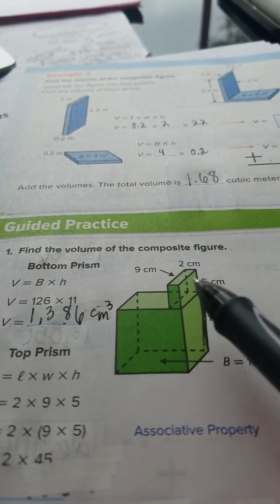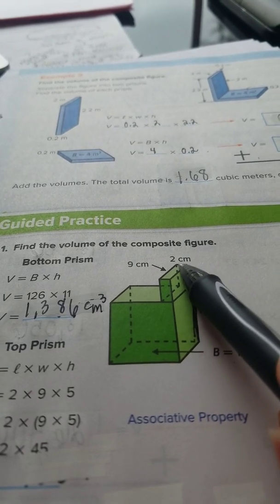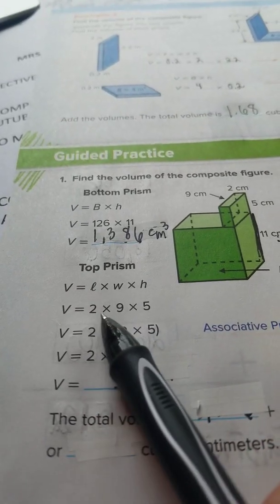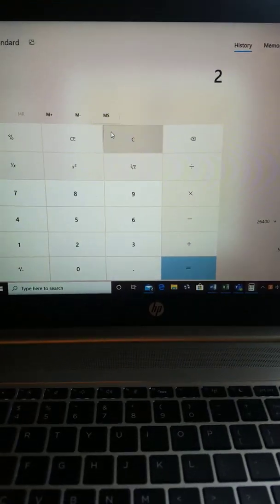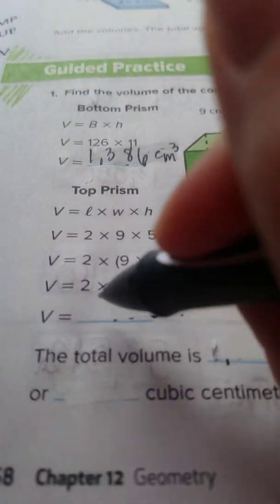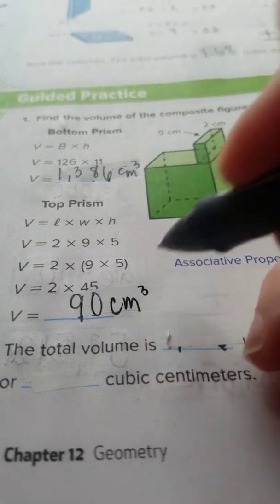The smaller one is 9 centimeters long, 2 centimeters wide, 5 centimeters high. So we're going to do 2 long times 9 wide times 5 high. Clear this. 2 times 9 times 5. 90. So this one is 90 cubic centimeters.